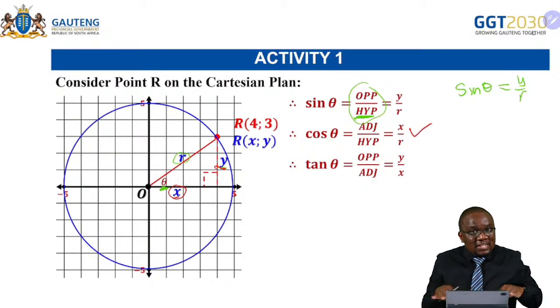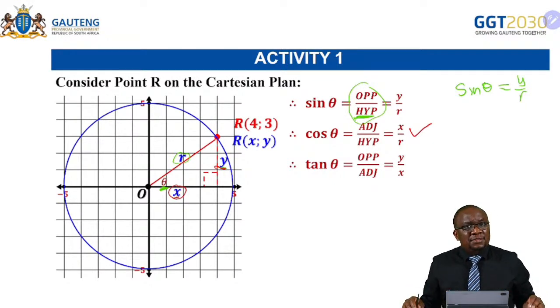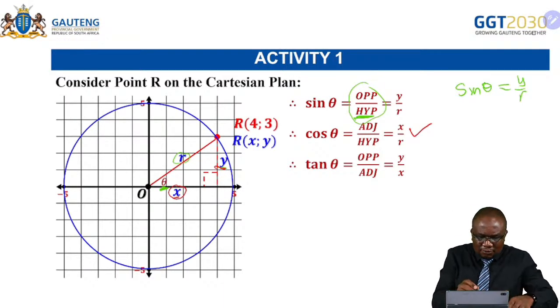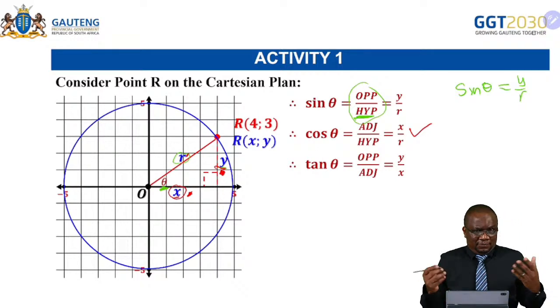X is horizontal, remember, y is vertical. And then tan theta is y over x. Sometimes I forget these things, and then I just have to write. I know my x is here, I just write it here. I know my y is here, I just write it there. I know my r is there, my hypotenuse is there, I just write it there. Then I go back to my SOHCAHTOA. It will work. Okay?